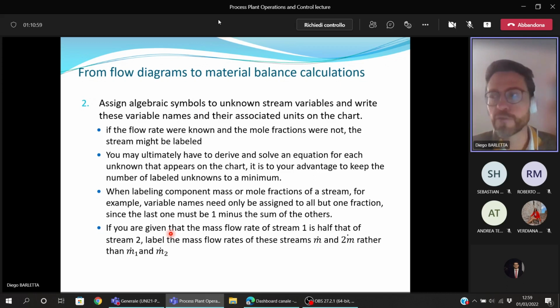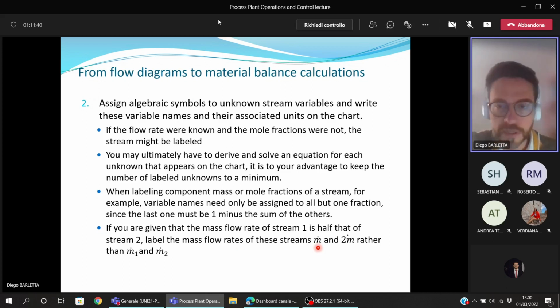So this means that if we know, for example, that the mass flow rate of stream 1 is half of that of stream 2, instead of reporting on the chart m dot 1 and m dot 2 as two unknown variables, since we have the ratio between the two, we could report this in terms of a single unknown, that is, for example, m dot.